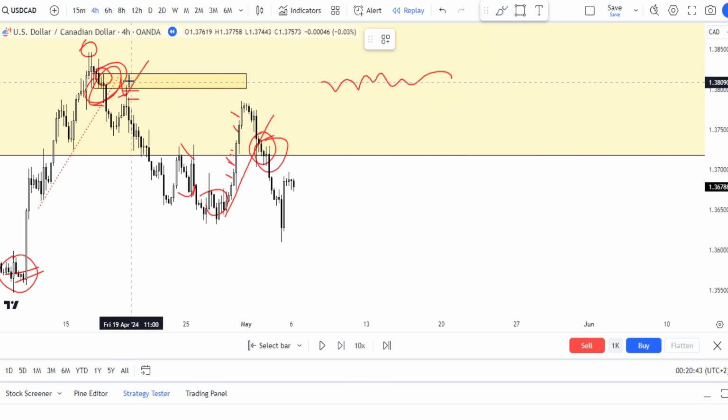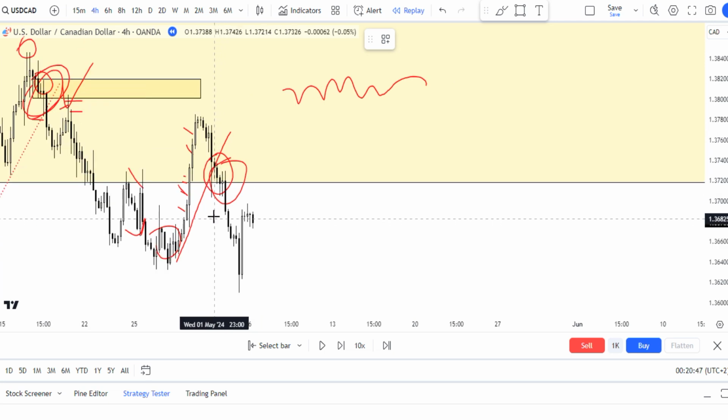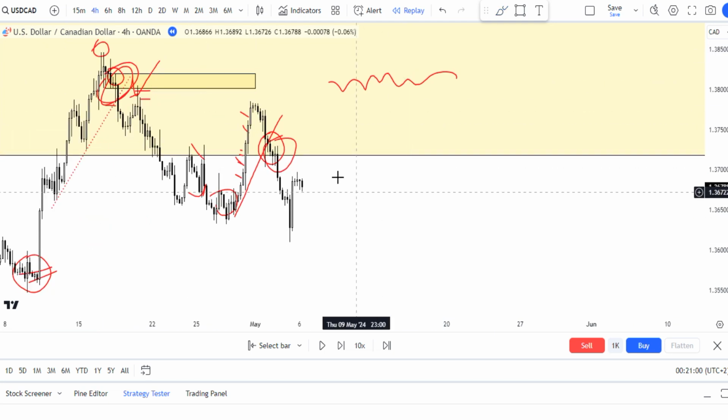Of course it did break the trend line, but that does not make this a valid imbalance. Also, we are only looking for sells, so you must consider that.